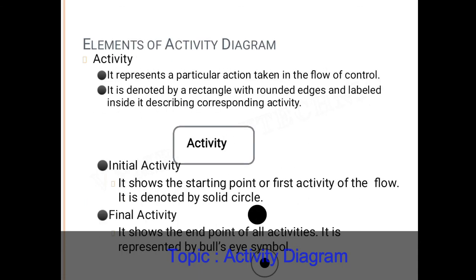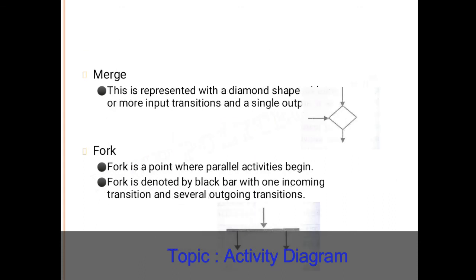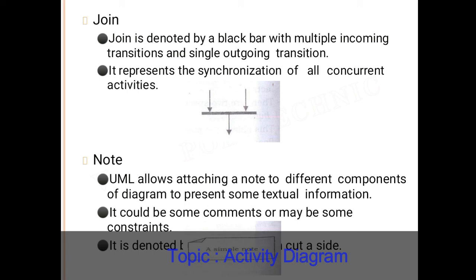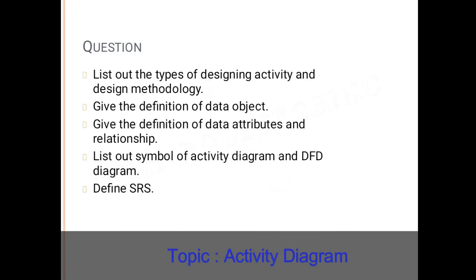Now our chapter number 2 is completed, and the most important questions of chapter number 2 are: first, list out the types of designing activity and design methodologies. These are all very important questions for the GTU exam. Second, give the definition of data object.